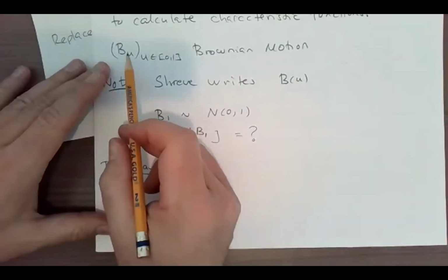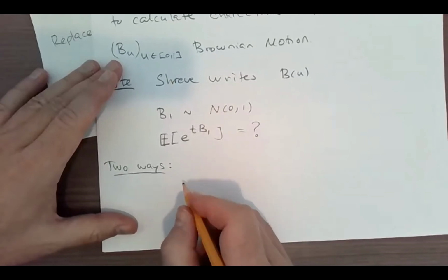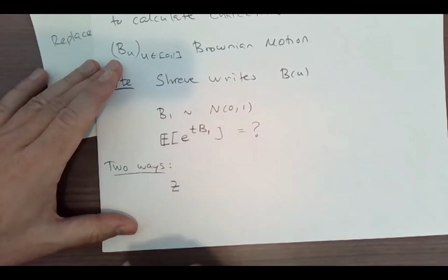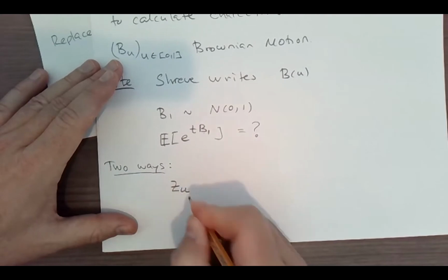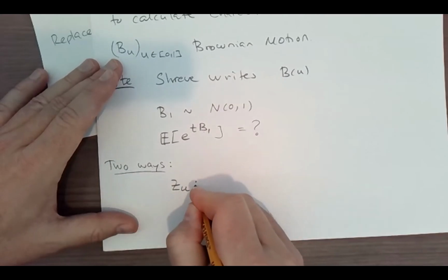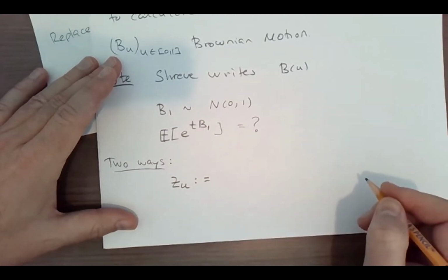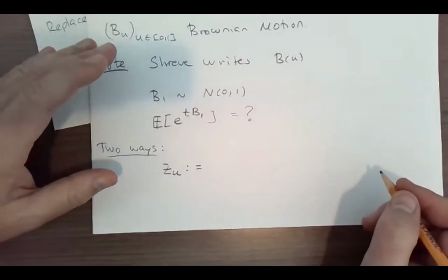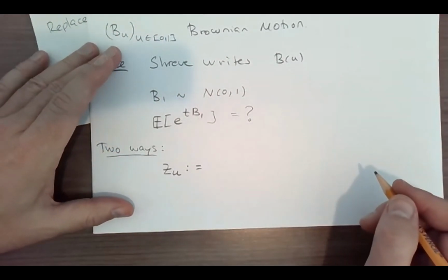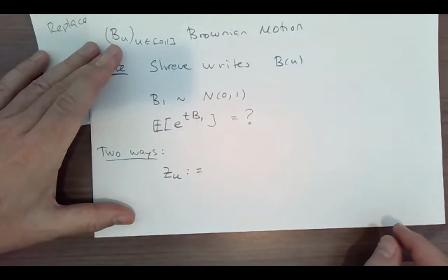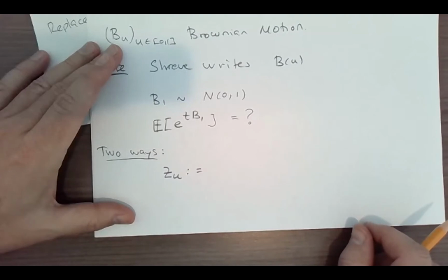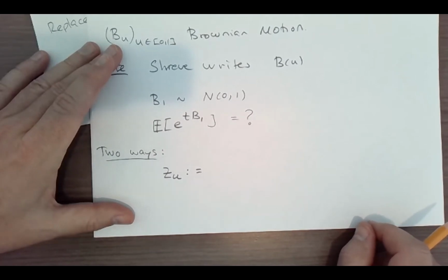So the first one is you look at an object as Z_u, and you probably already seen that when you took a class that had Brownian motion in it. If you've taken 485, you will have seen it there. For those of you that have taken 622, you've seen it there. And for those of you that are currently taking 622, I'm hoping that you've seen it either this week or last week.